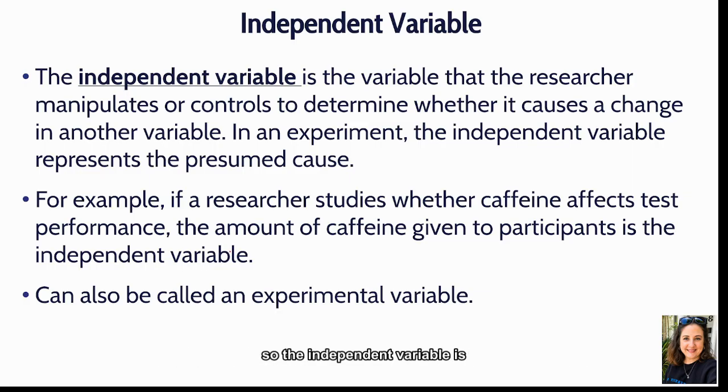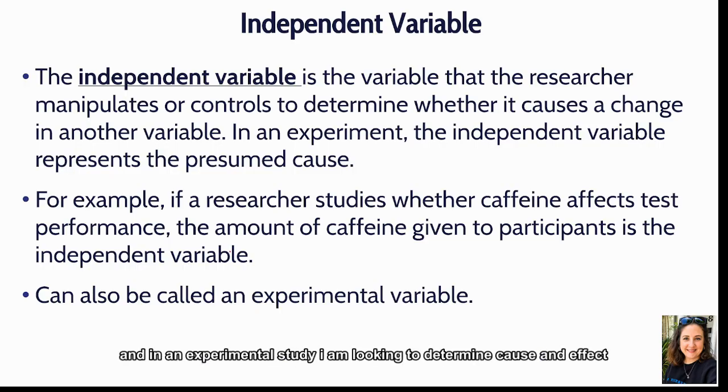So the independent variable is the variable that you, the researcher, are manipulating or controlling or selecting, depending on the situation, because you want to find out if that independent variable causes a change in another variable. Now remember, this is an experimental class. This video is geared towards experimental.